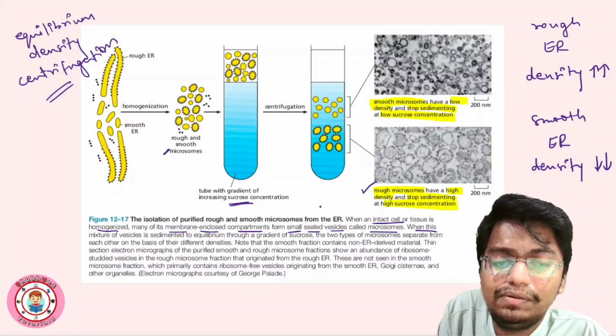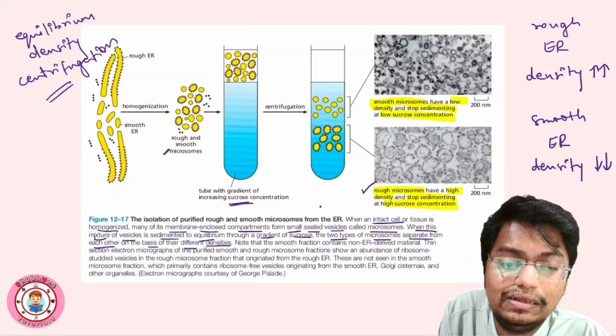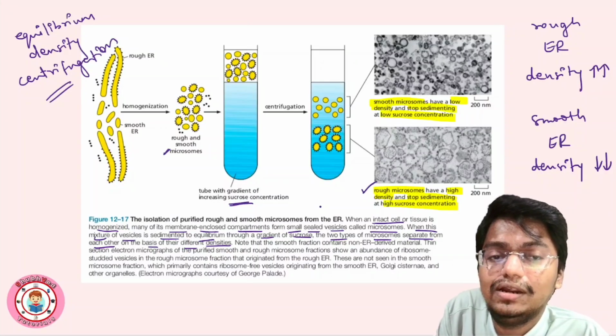When this mixture of vesicles is sedimented to equilibrium through a gradient of sucrose, two types of microsome separate from each other on the basis of their different densities, right? Based on densities, two microsomes will be separated.